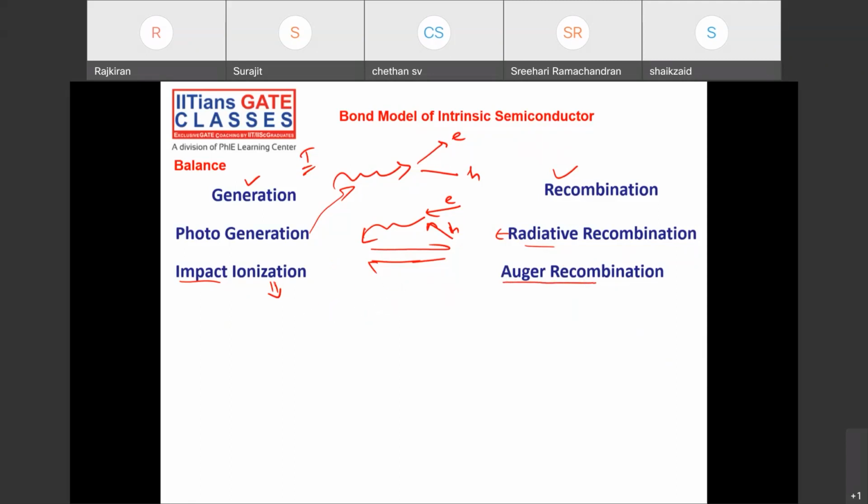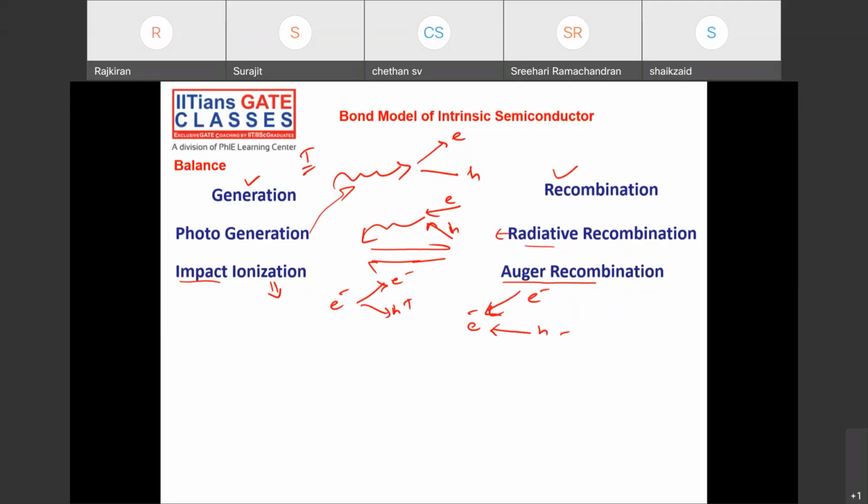In impact ionization, the electron goes, generating an electron-hole pair. And in recombination, what will happen? The electron will come and the hole will come, and they give the energy to another electron. So that is called Auger recombination.